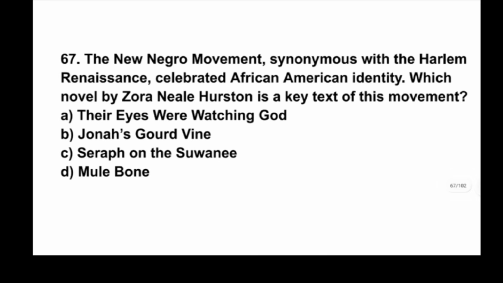The New Negro movement, synonymous with the Harlem Renaissance, celebrated Afro-American identity. Which novel by Zora Neale Hurston is a key text of this movement?